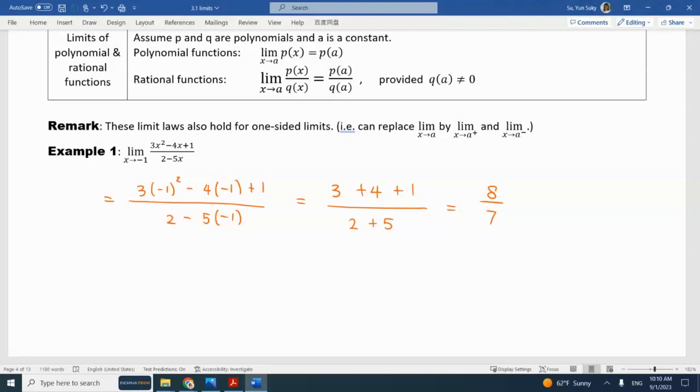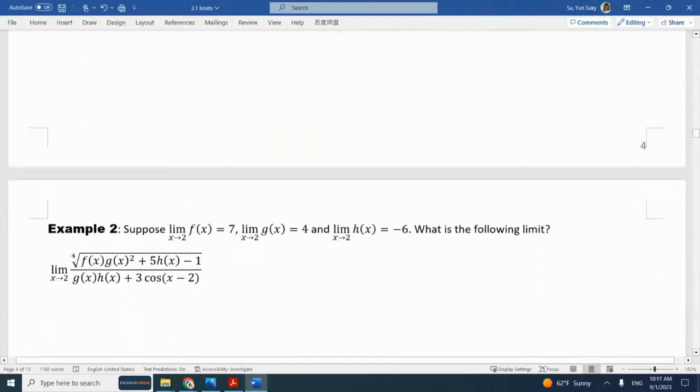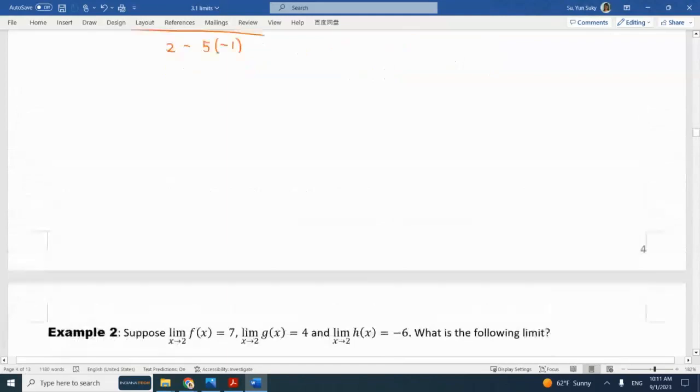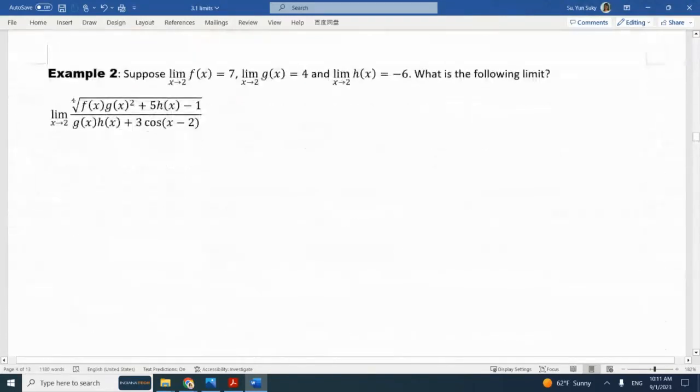Okay, if you plug in and you get 0/0, that means you need to do more things. Okay, but if you plug in and get a good number, that's the answer. Okay? All right, let's keep going. Everybody finish example 1? Okay, example 2.